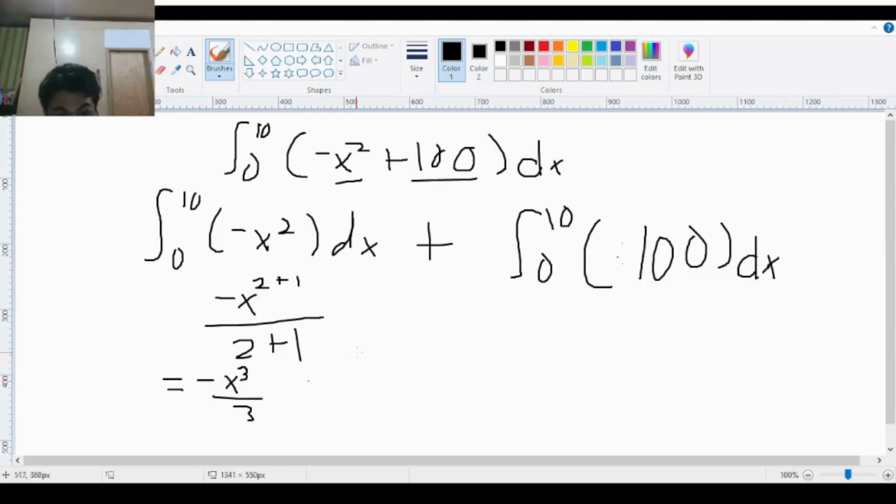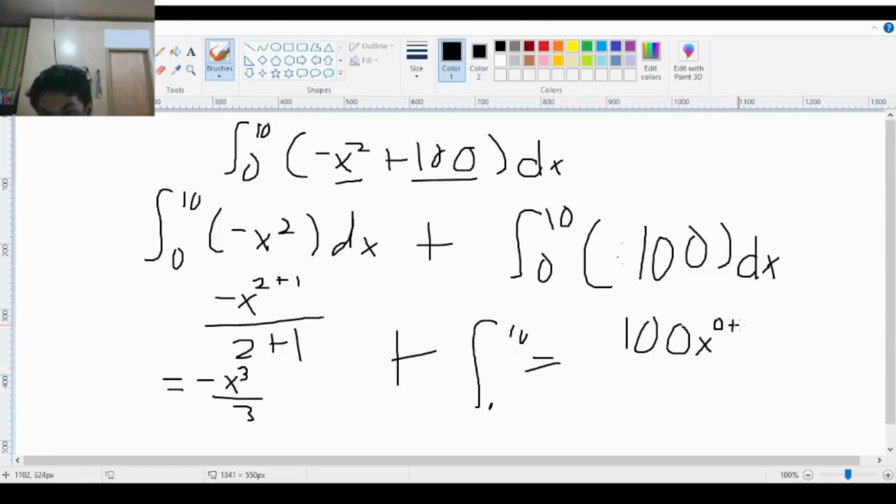So that's our first integral. And we add that with the integral of 100, which is basically equals to 100. Let's say there's an x here, which has a power of 0, which is equals to 1.